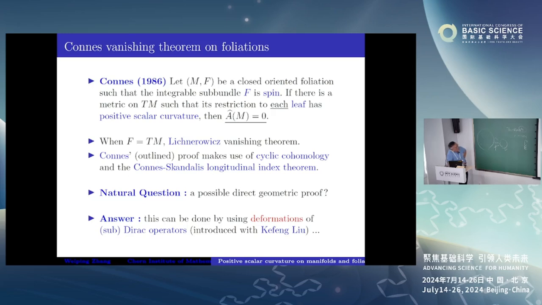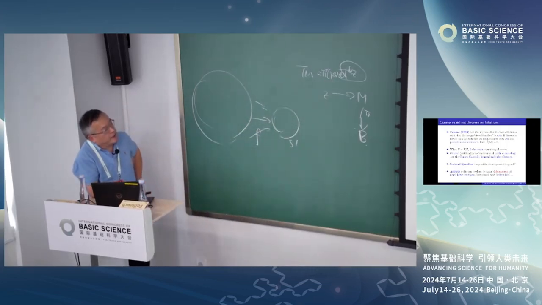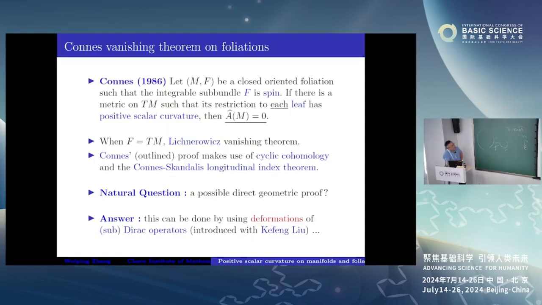So his theorem says that if you have a closed oriented foliation such that the integrable subbundle F is spin, which in the fibration case means the vertical tangent bundle is spin, then if there is a metric on the total manifold such that the restriction to each leaf, each submanifold F_p, has positive scalar curvature, then the Â-genus of the total manifold would be equal to zero.